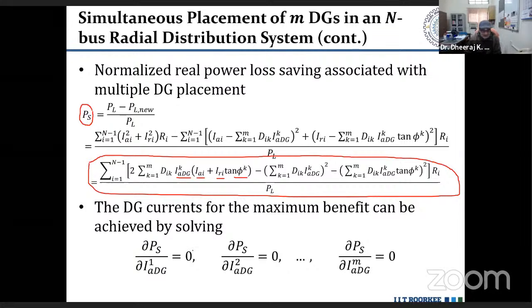So this condition we can write mathematically as this: the partial derivative of this power loss saving with respect to first DG current, second DG current, third DG current, because we have M DGs, so we will have M such conditions, and all such partial derivative terms should be 0.